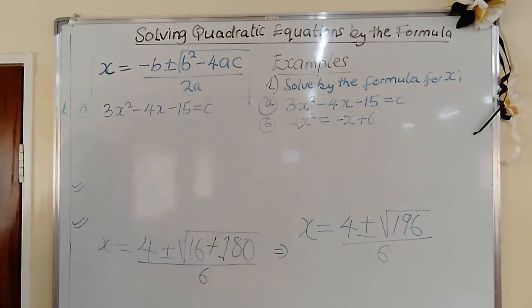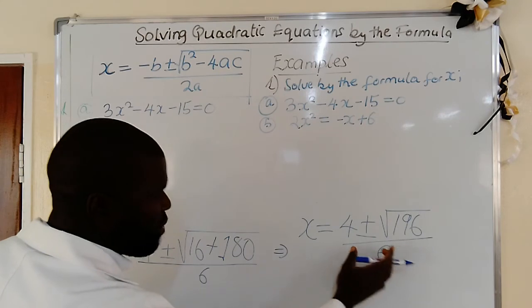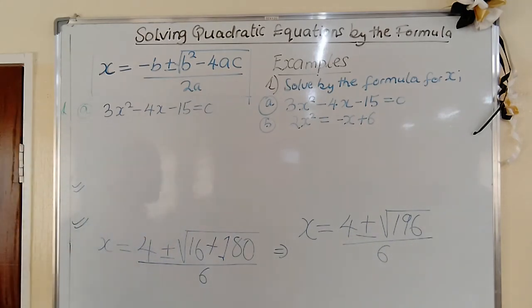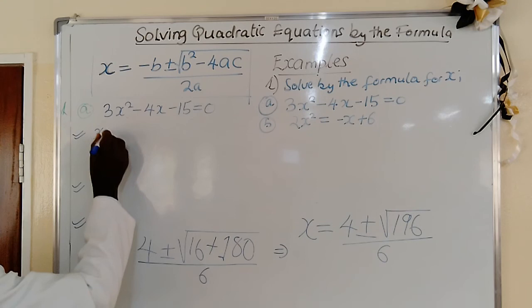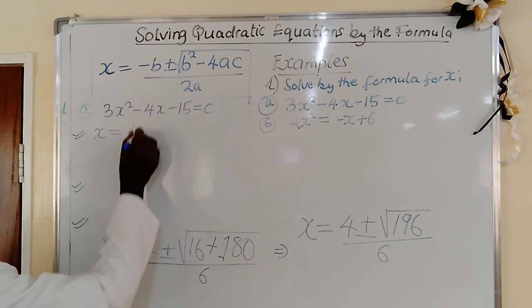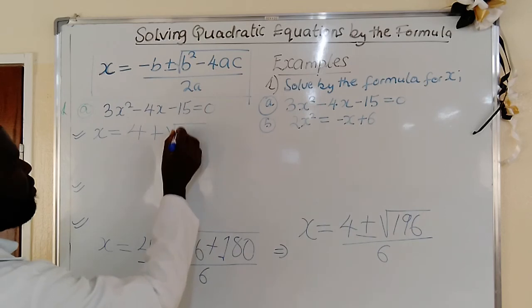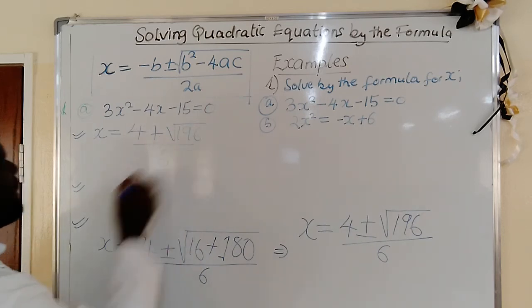Our next step, we shall separate these two. You can see we have plus or minus, so we shall separate those two. We shall have x is equal to 4 plus the root of 196 over 6.